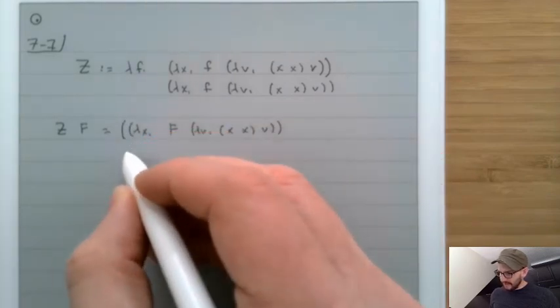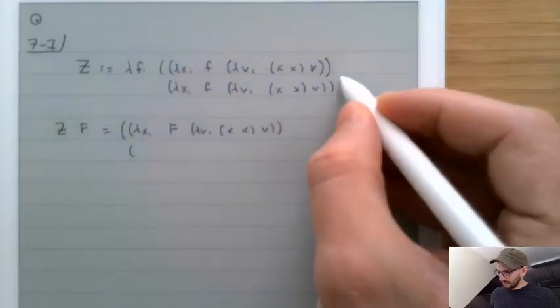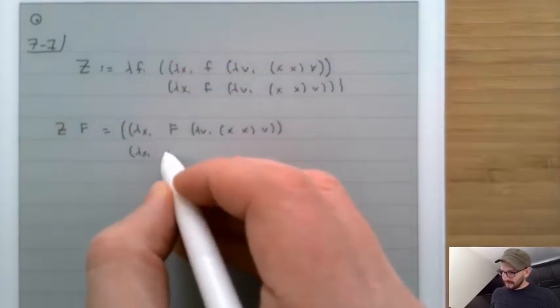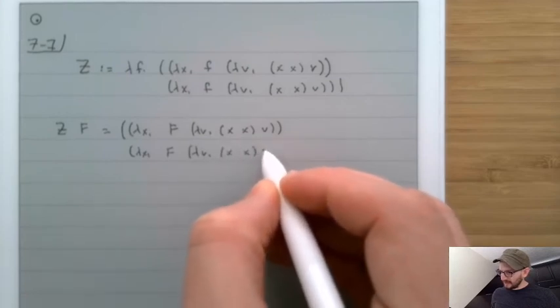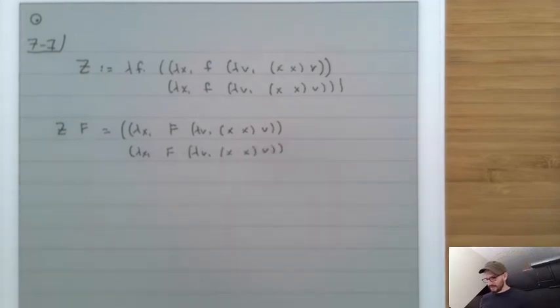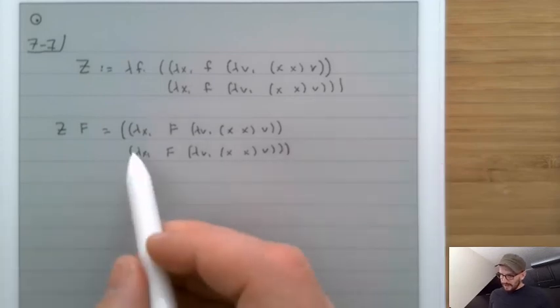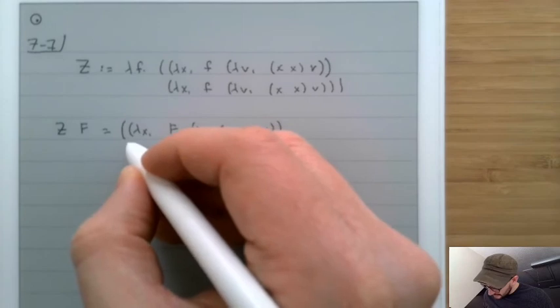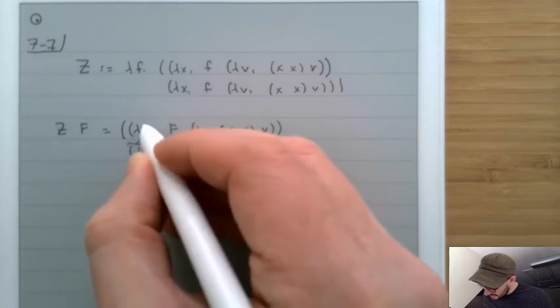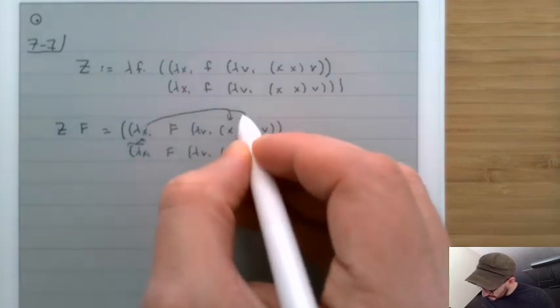And then that would be applied, notice that this is an application, to lambda x big F lambda v x x v. Okay, well now that's an application, so that means that this function right here gets sent in to that x, and then it will go into there.